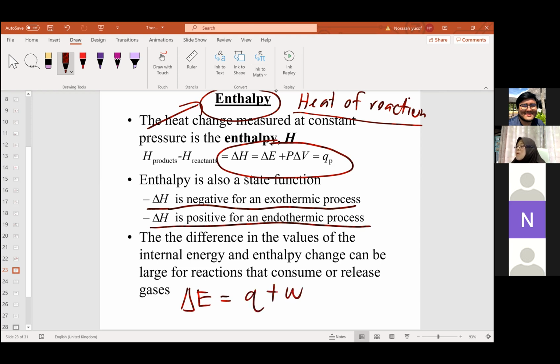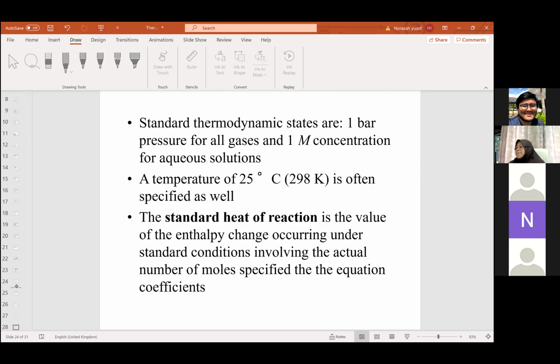The original equation is now being rearranged, and Q is now called enthalpy, because now we are talking about heat of reaction. So enthalpy is actually Q, the heat of reaction.